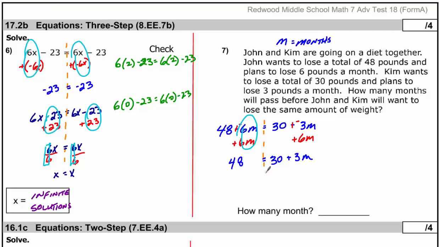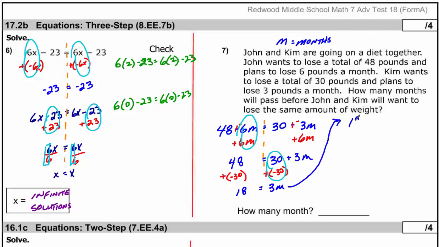All right, so we're going to add negative 30 here, or you could subtract 30 if you want. But I'm in the mood to add opposites, so I'm going to add negative 30 right there. This is going to cancel out. 48 plus negative 30 is 18, equal to 3m.